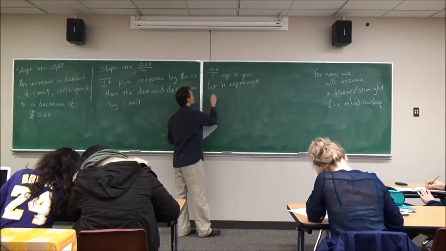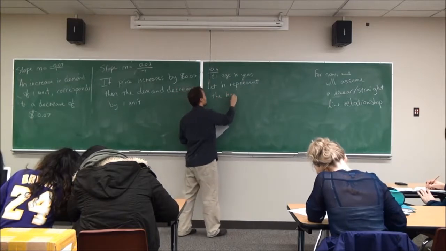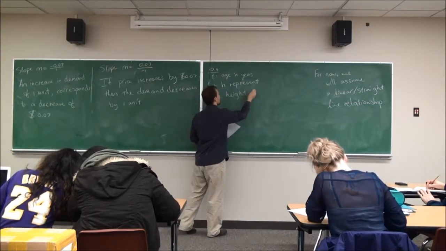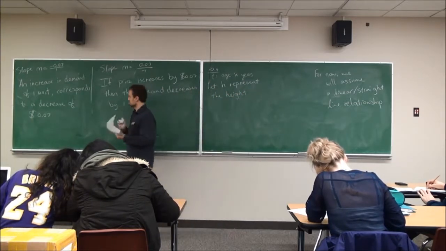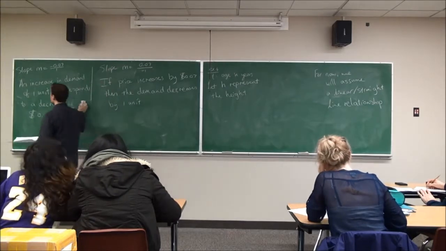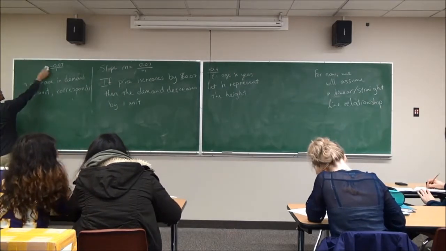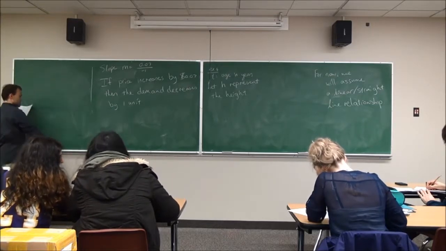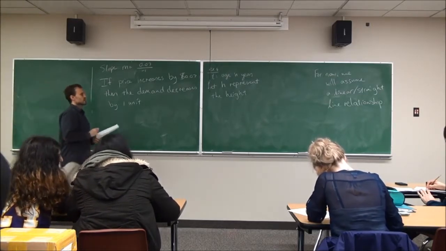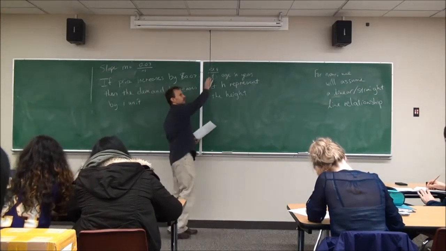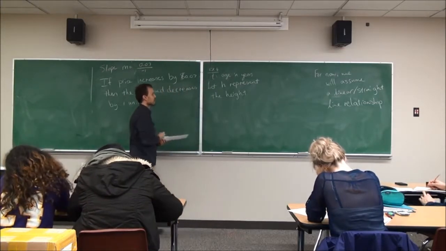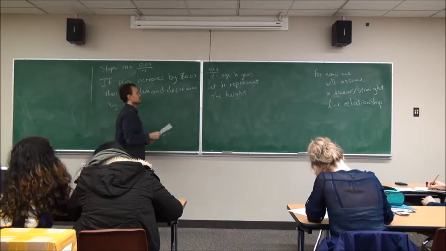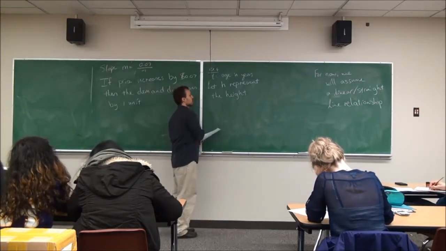Let h represent the height of a child. So just be careful. If they define something for me, I can just use it, but if they don't, I have to define it first. That's step 1.